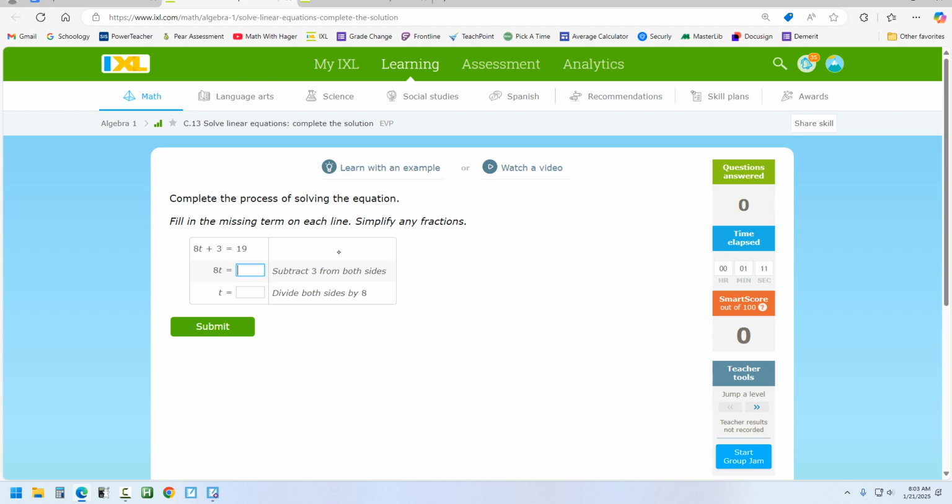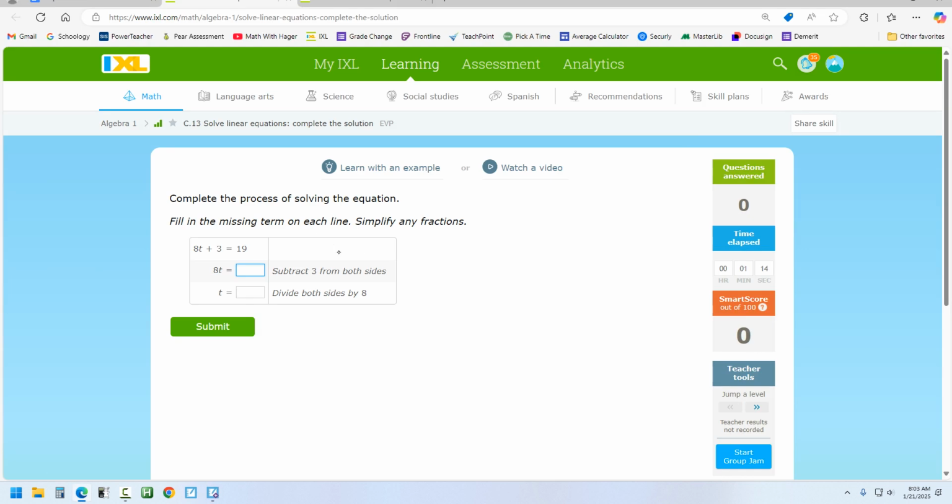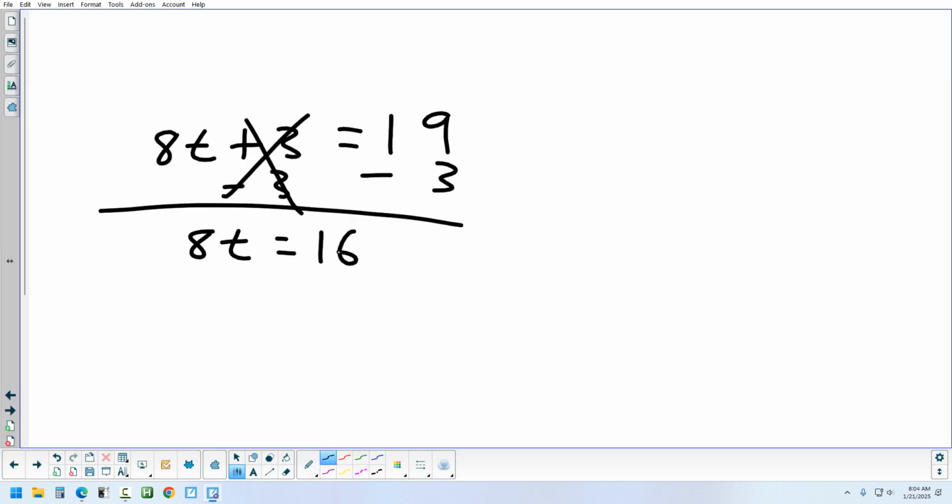Now, let's go back to here. The last step they say is to divide both sides by 8. Okay. When you do 8 divided by 8, that cancels out. You get just 1. And Isaac, what's 16 divided by 8?